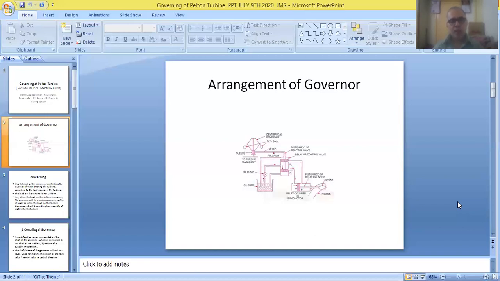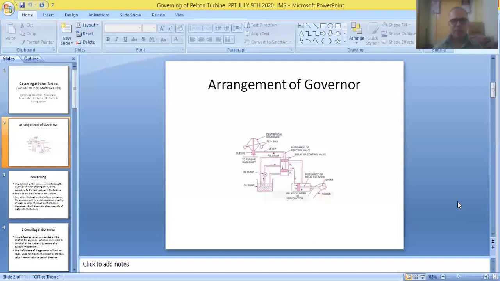Similarly, we can see two pipelines fitted in between the vertical cylinder and the horizontal cylinder. That means when the relay valve sends oil from one side of the servometer, it will be receiving oil from another side of the servometer.